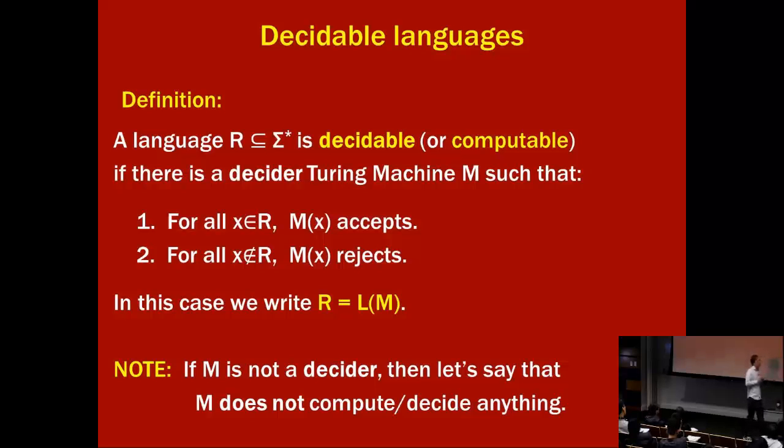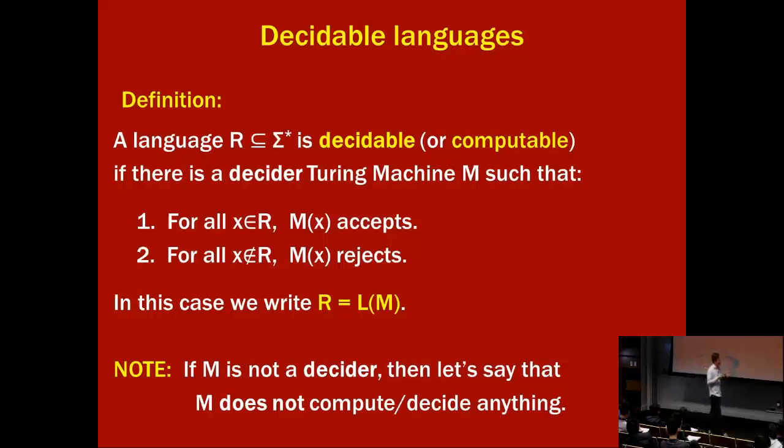Okay. So now, let's make a definition. A language R is said to be a decidable language, or also computable. Those are synonyms. If there's some decider Turing machine M, such that every string in the language, M running on that string halts and accepts. Every string not in that language, M running on that string halts and rejects.